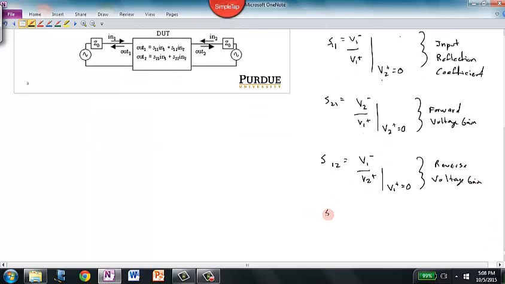And then the last parameter, the fourth one, is the S22 parameter, and that is the voltage reflected from port 2 to the incident voltage at port 2 under the condition that V1 plus is equal to 0. And this is called the output reflection coefficient.